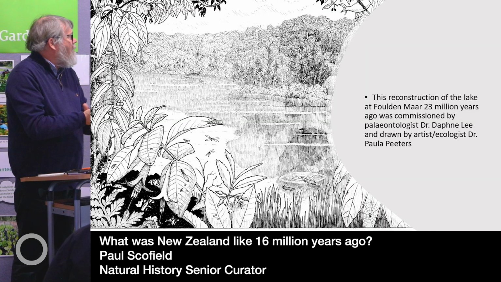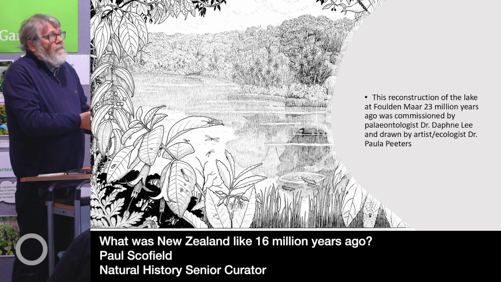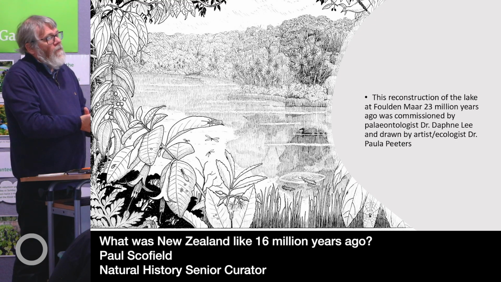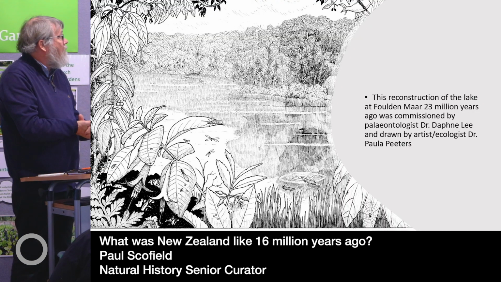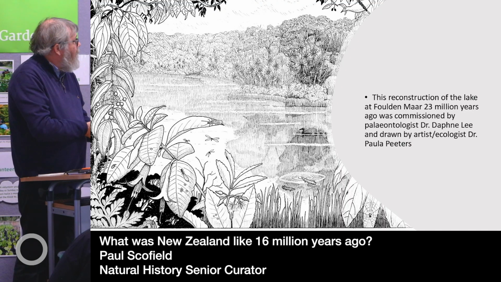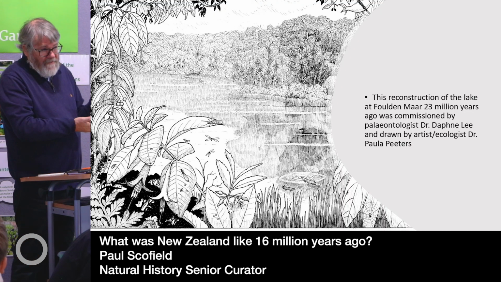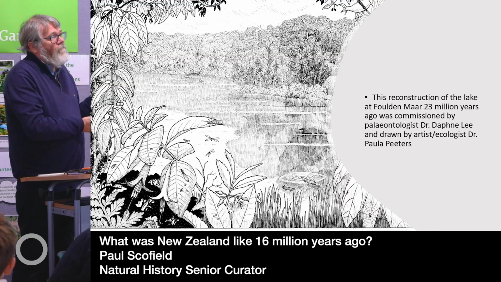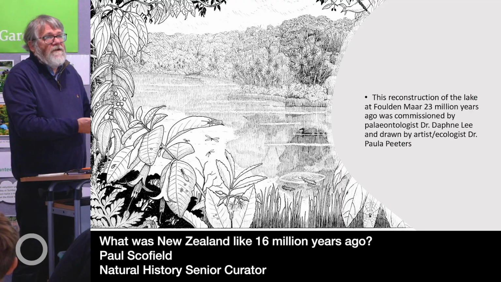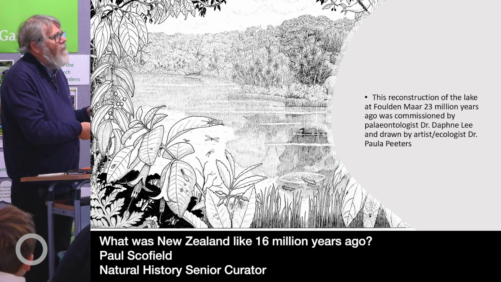So we have a pretty good idea that Folding Maar was about 23 million years old. It's been quite controversial how old St Bathans was, because the flora and fauna are quite different from Folding Maar. We believe about 16 million years, maybe 20 million years ago. Some people are more of the opinion that St Bathans could only be 10 million years old.